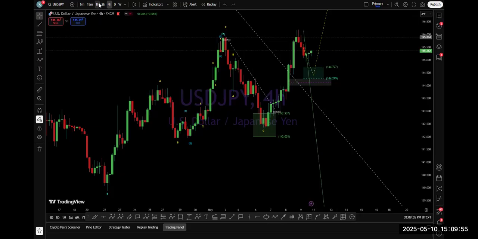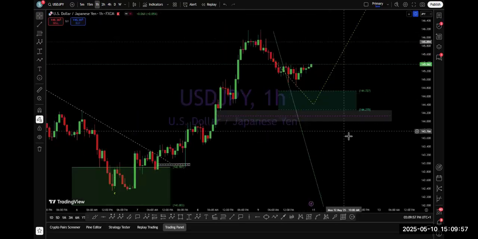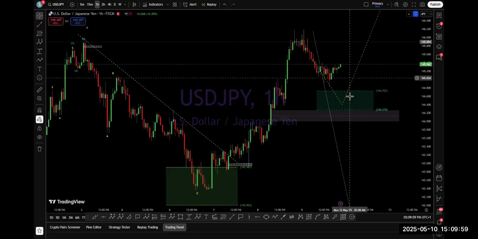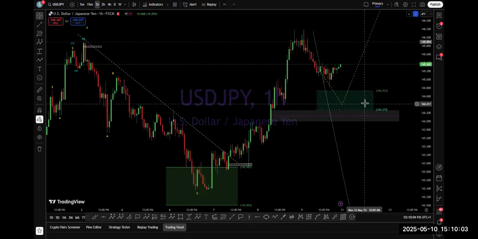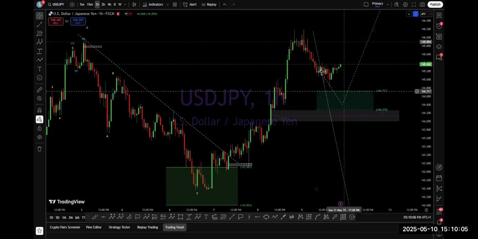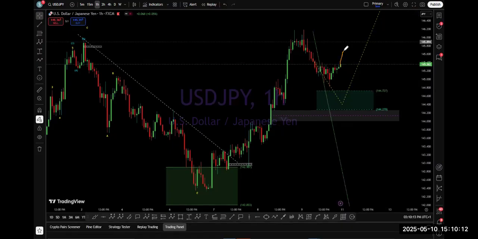Let me go to 1 hour. It may drop further, it may not. The target is 144.7, 144.2, or 0.3. But it seems it is going up. It may just go up a little, something like this, then drop again before it will buy.